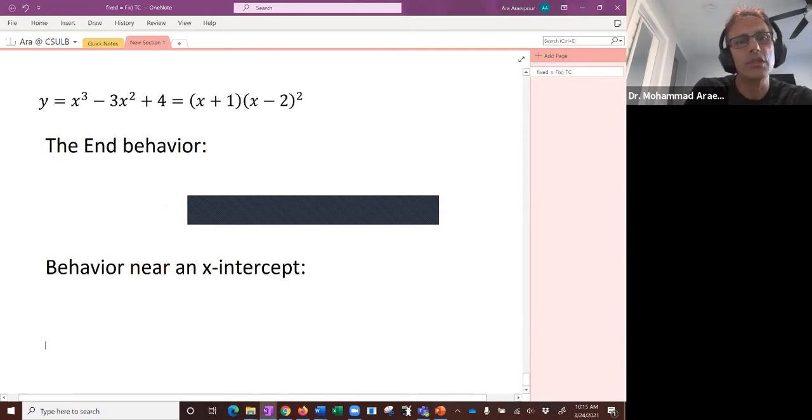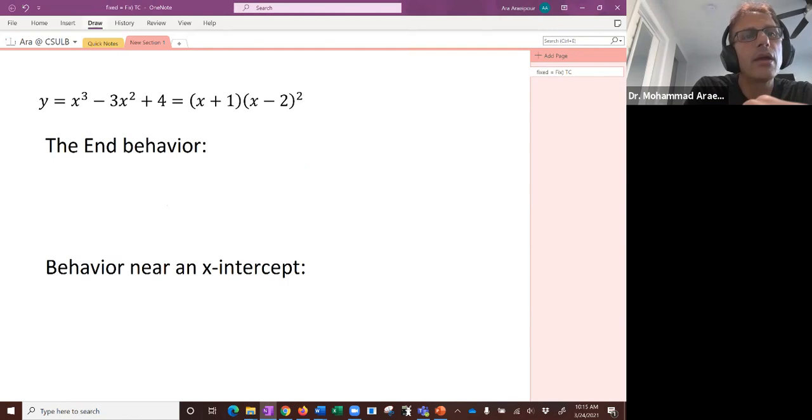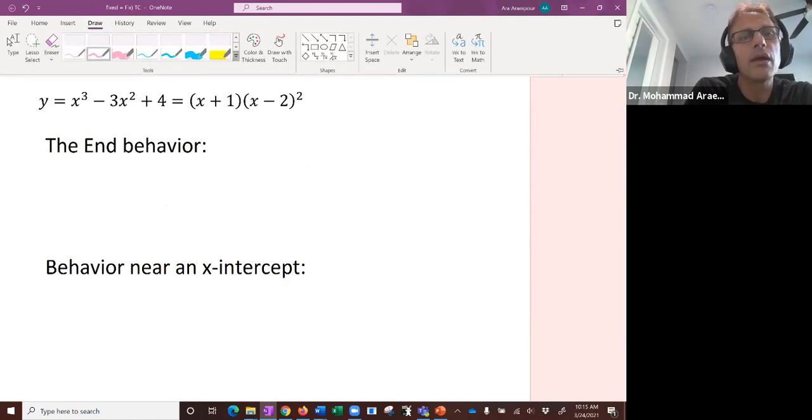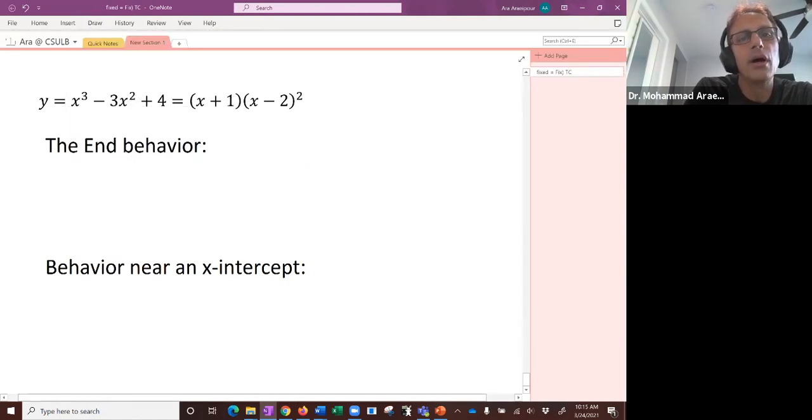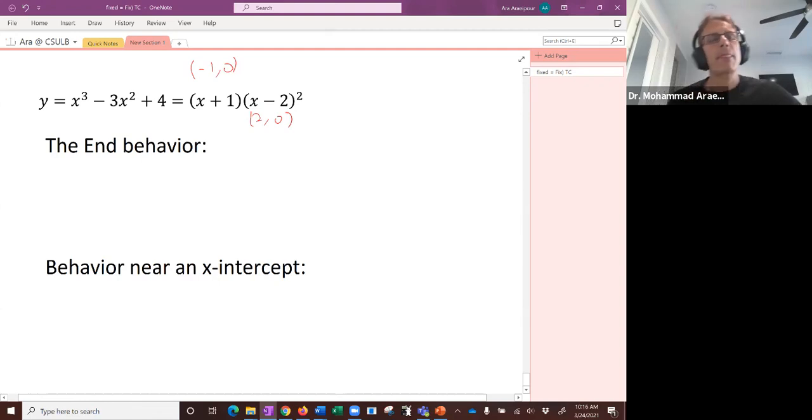First and foremost, if I want to graph this, I need my intercepts. I hope you see that right here I have negative 1, 0. Right here, I have 2, 0. So I have two of my intercepts.